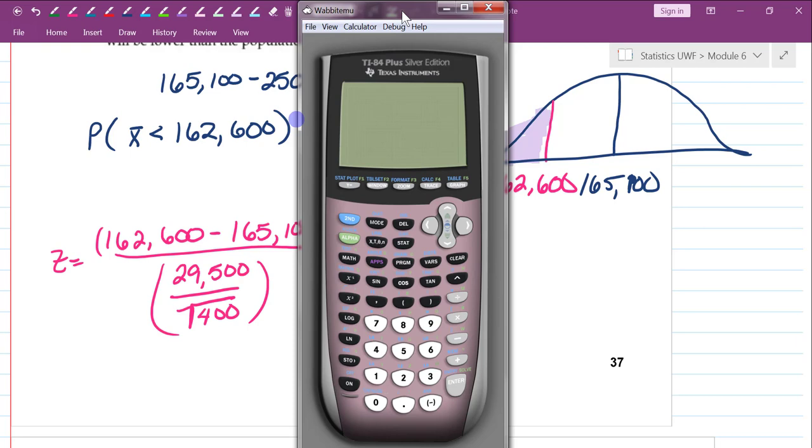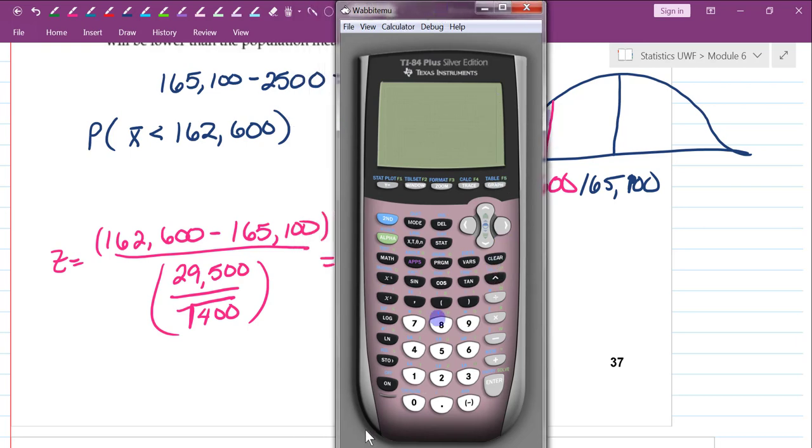We'll pull up our calculator, turn it on, clear it out, and we're going to start with parentheses. 162,600, subtract off 165,100, close parentheses. Divide by, open parentheses, 29,500, divide it by the square root.